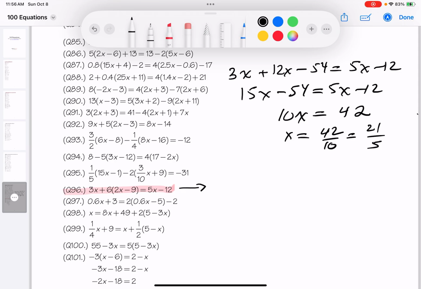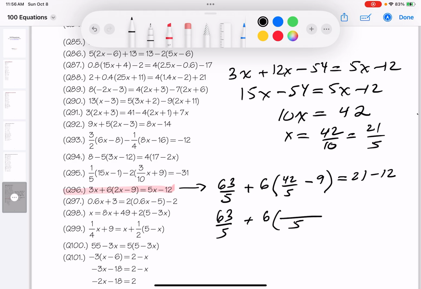And 3 times 21/5 is 63/5 plus 6. Well, 2 times 21/5 is 42/5 minus 9 equals, well, 5 times 21/5 is 21, and then minus 12. Well, let's put this down, 63/5 plus 6, common denominator 5. That's going to be 42 minus 45, and 21 minus 12 is going to be 9.